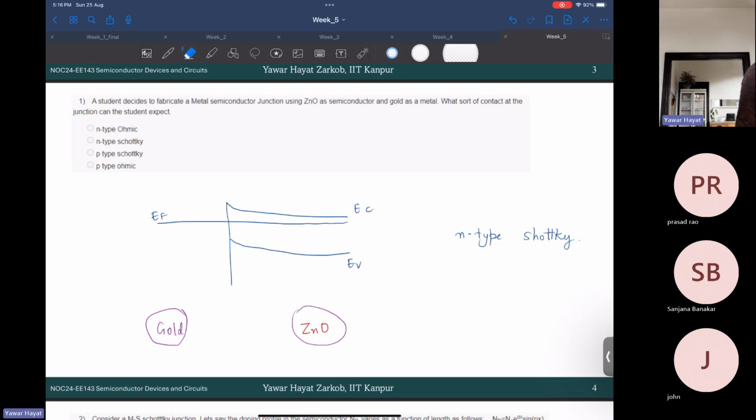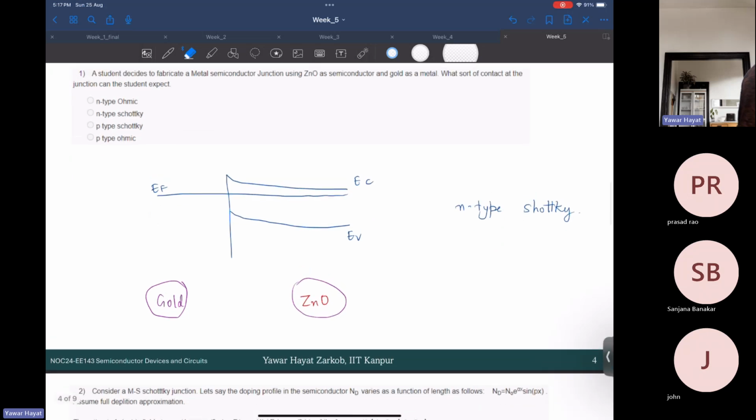While for zinc oxide, the data that I have access to says it can be around 5.13 electron volt. So if you make the equilibrium band diagram, it would look something like this, which is nothing but an N-type Schottky contact.